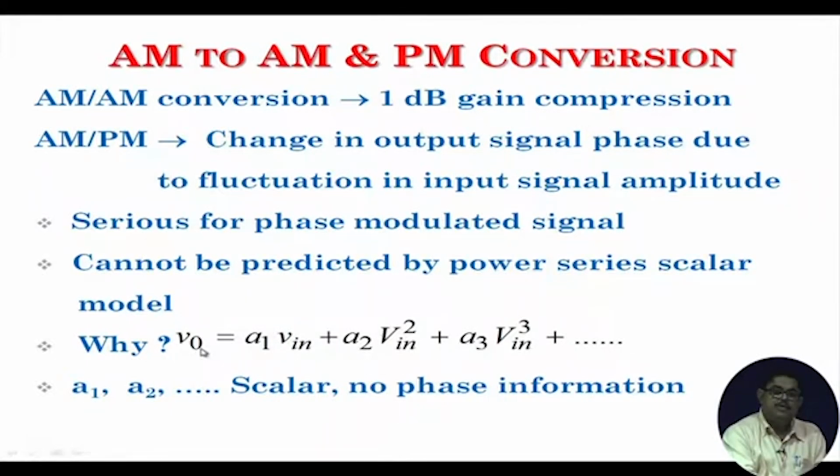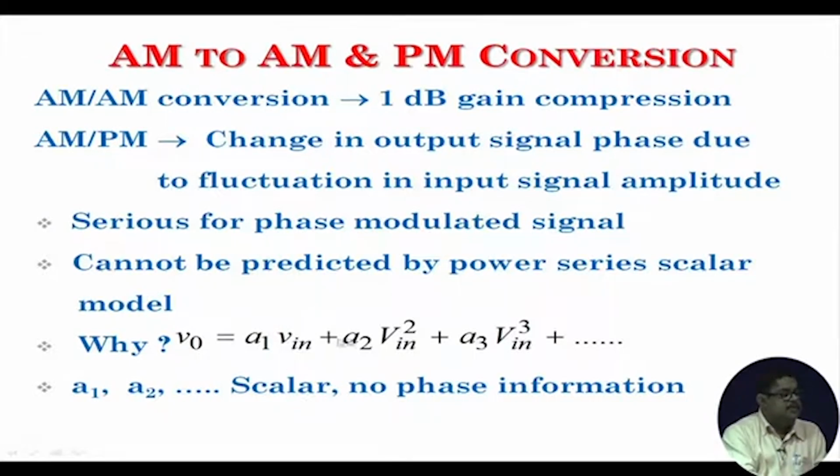This was our model which we used, that VO is equal to A1 V in plus A2 V in square plus A3 V in cube. Now, here you see this V in square, V in cube, all this basically we are assuming V in is the amplitude part of V in, and A1, A2, A3 we are assuming scalar quantities.